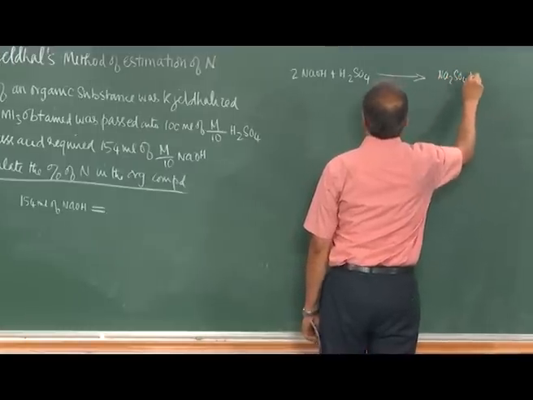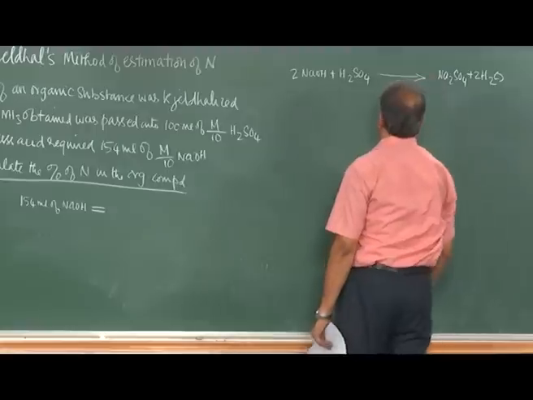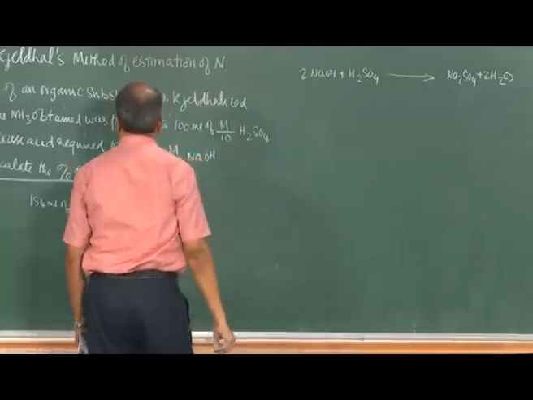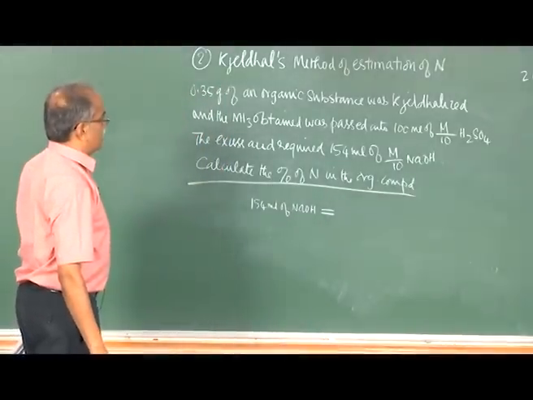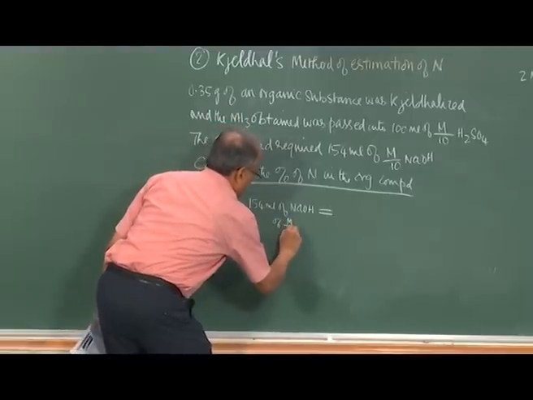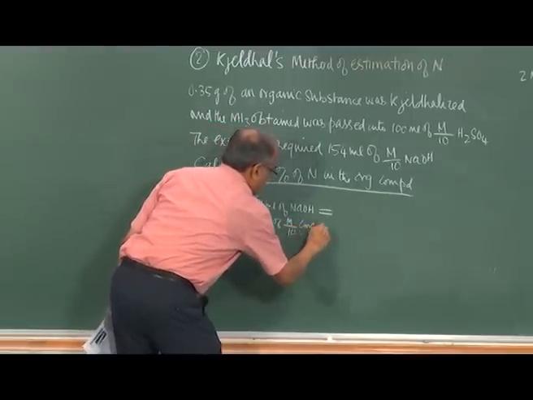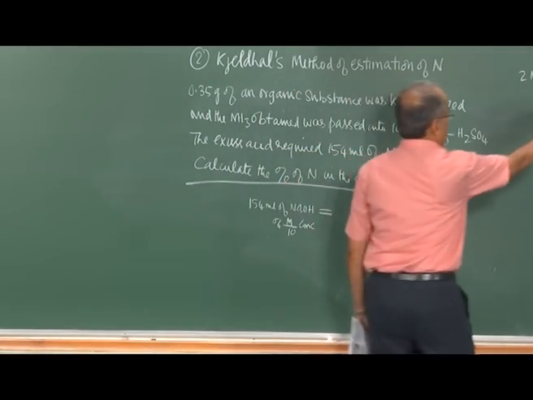Na2SO4 plus 2H2O is the formula. So, if you are taking 154 milliliters of sodium hydroxide of M/10 concentration, this would correspond to half the amount of the sulfuric acid that is needed.